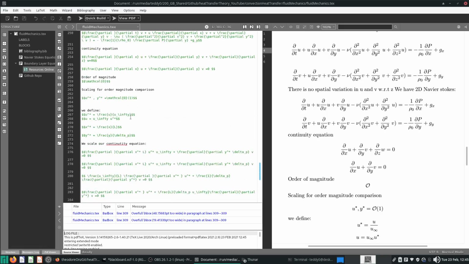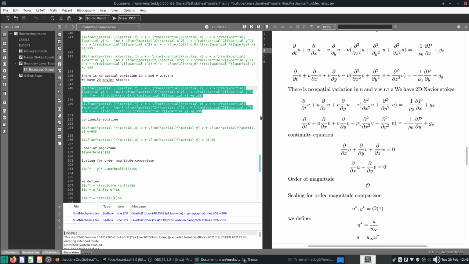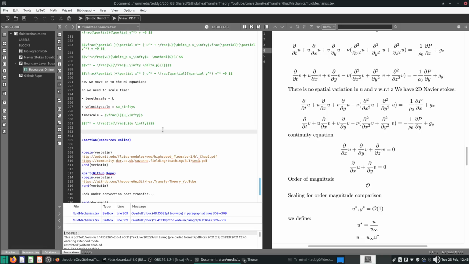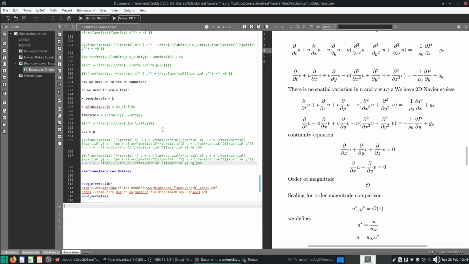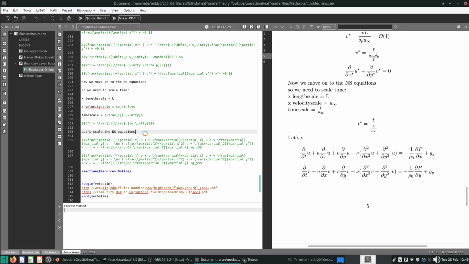But first things first, let's copy all of this down and put all of this scaling into the Navier Stokes equations.